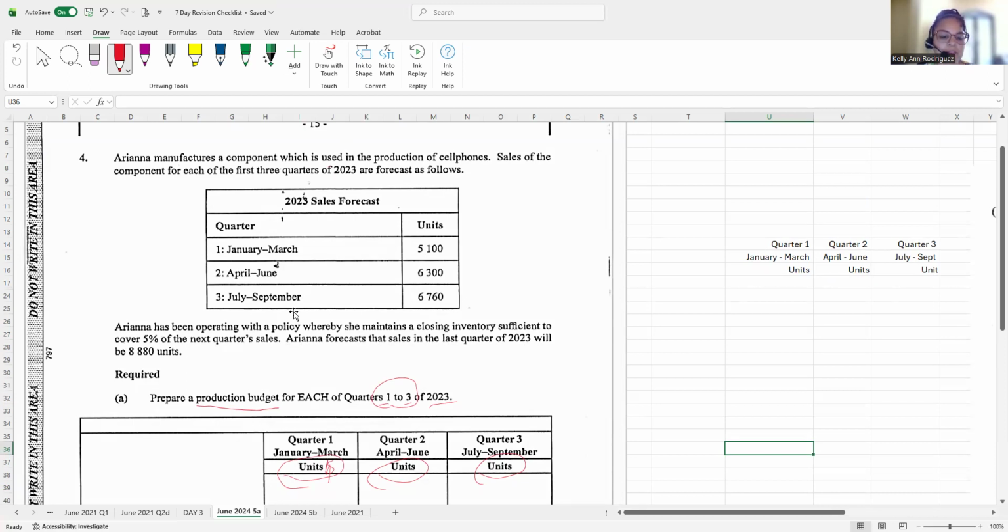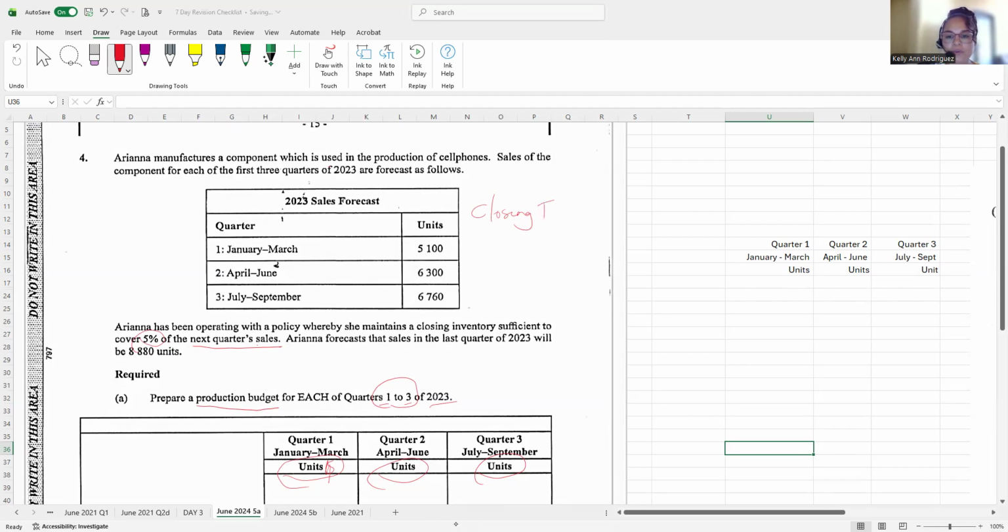Ariana has been operating with a policy whereby she maintains a closing inventory sufficient to cover 5% of the next quarter's sales. So you know they're giving you some additional information that you have to think about to put down. It's not actually incomplete, but they're giving you information where you have to actually calculate in order to put in, right?